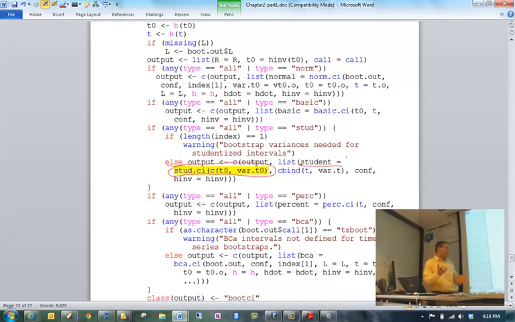If you look throughout, there's really nothing else that would lead you to believe it's being calculated anywhere else. So what this is basically telling me is that there is now a function out there called stud.ci that calculates the interval. So there's another function out there.